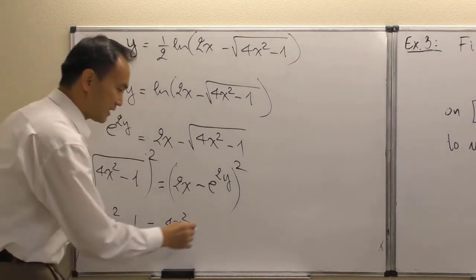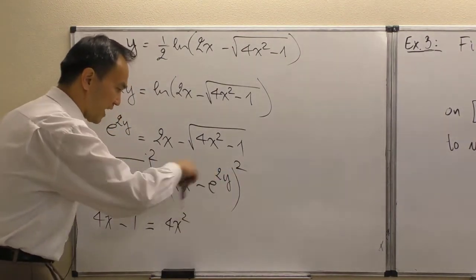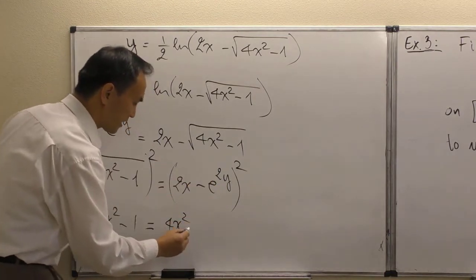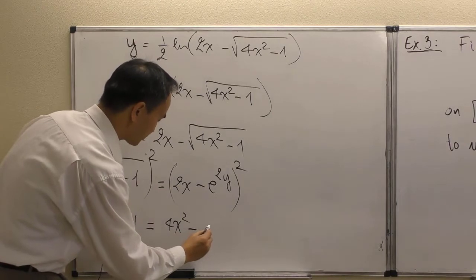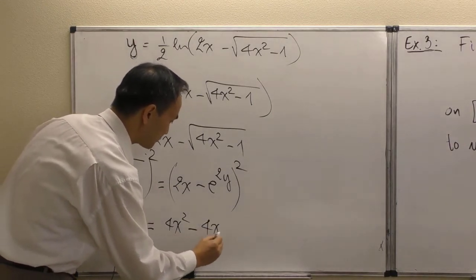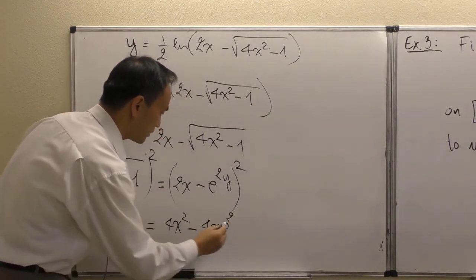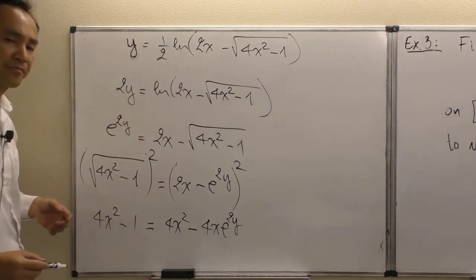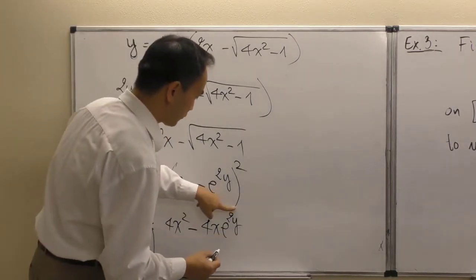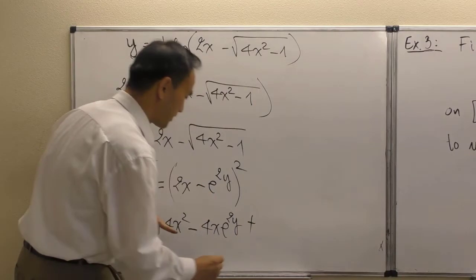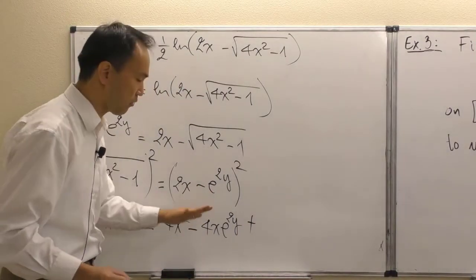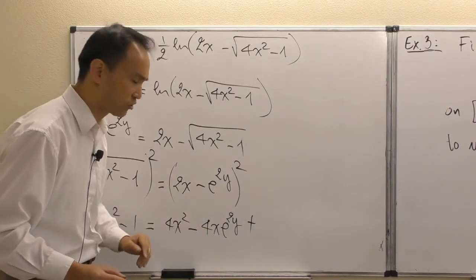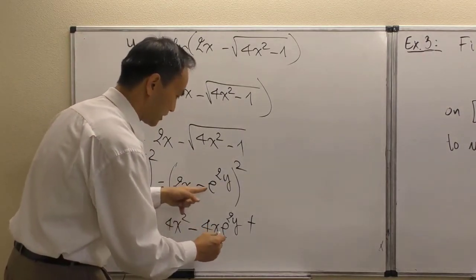Anytime we're squaring out a binomial, we will always end up with a middle term, which in this case is minus 4x times e to the 2y. And then there will be a last term, which is a plus right here. You don't have to believe me blindly. You can always proceed on your own and double check with my algebra over here.